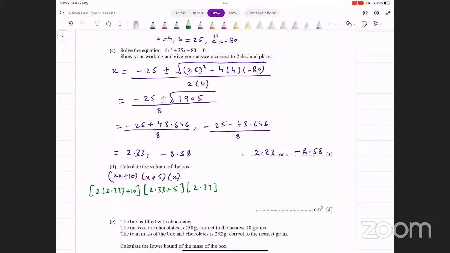That's going to be 14.66, I think, into 7.33 into 2.33. Now you can just multiply these numbers, 14.66 into 7.33 into 2.33. And that's giving me 250.38.